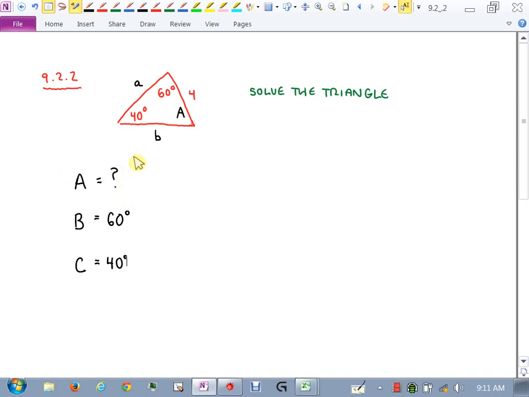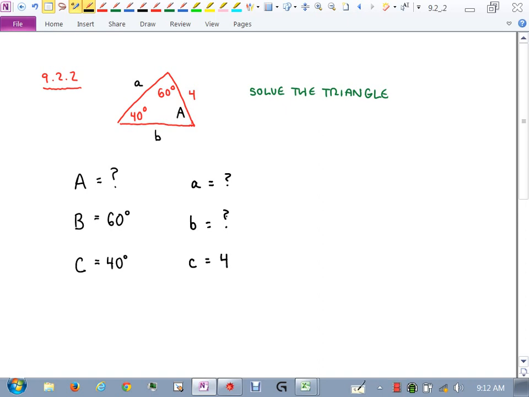But if I did it this way, then 4 right here would be my little c, capital C. So let's see what we have: little a, little b, little c. Which of these do we know? Just little c, right? Little c is 4. And we don't know this, and we don't know this. Okay, so that's just me listing out all the information and labeling my triangle ABC so I can get everything in order.